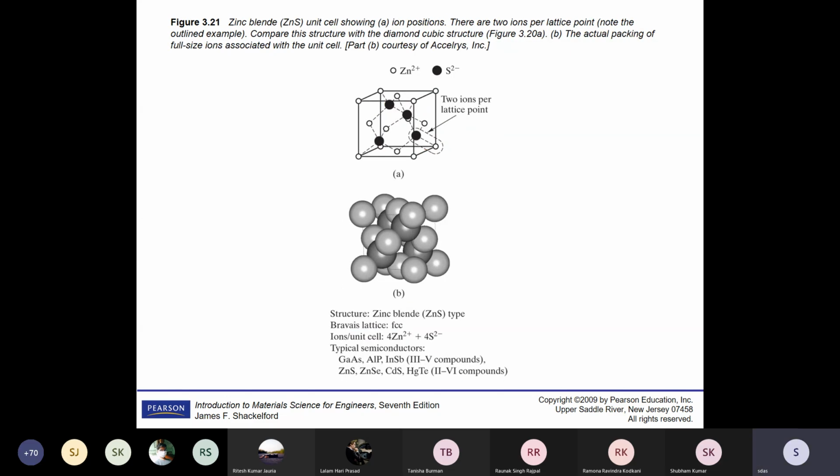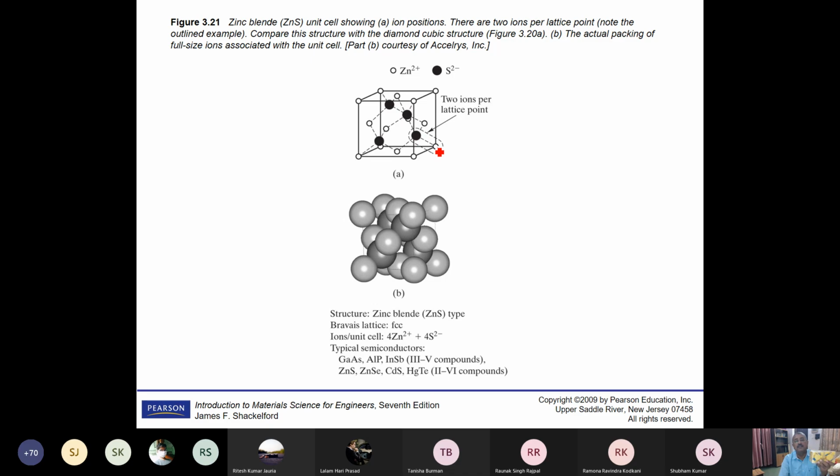Now this is another important crystal structure called zinc blende. Zinc blende type structure. I have 2 unit cells side by side of zinc blende. You can see there are 2 ions, one zinc ion, one sulfur ion.